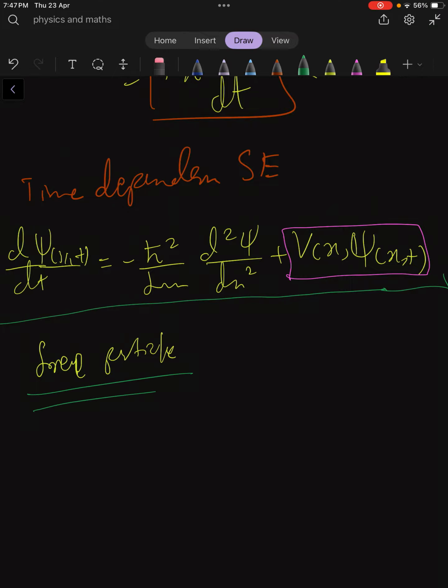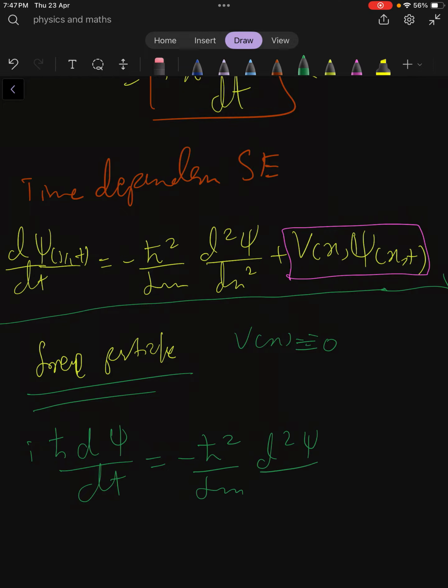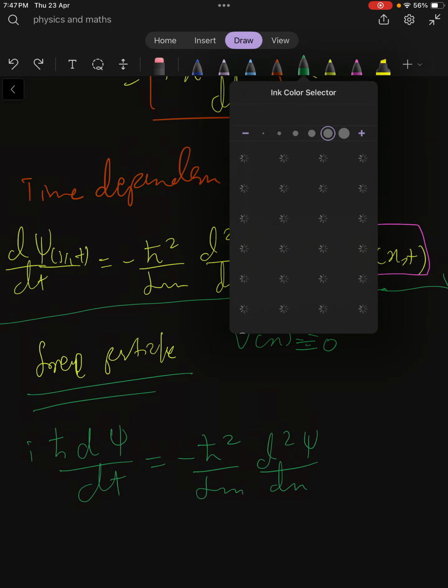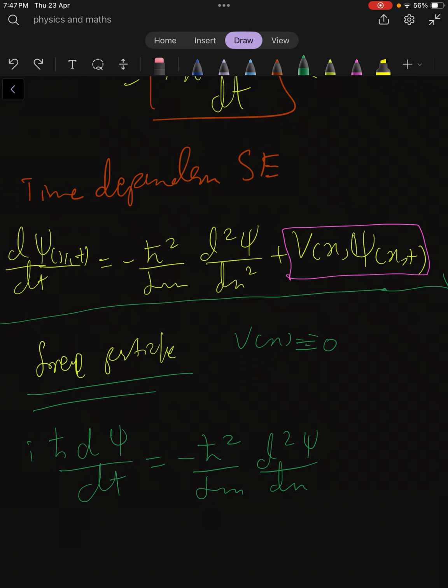A free particle has V of x equal to 0, so the whole thing becomes i h bar d psi by dt equals negative h bar squared over 2m d squared psi over dx squared plus 0, which is not written. So this is how we get a free particle's Schrödinger equation.